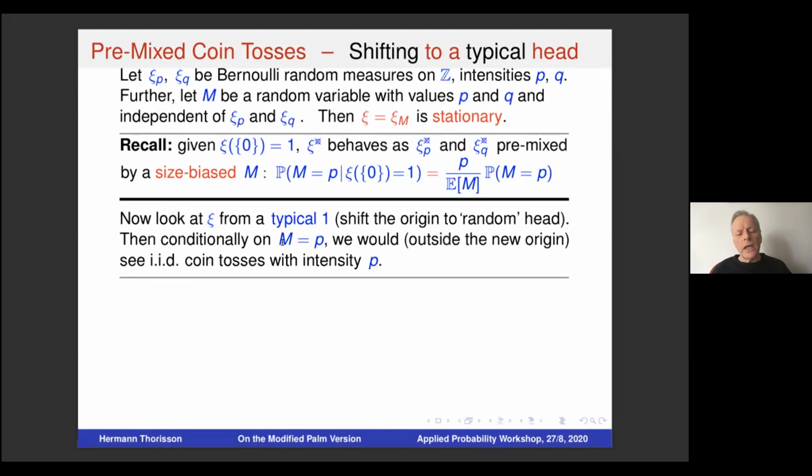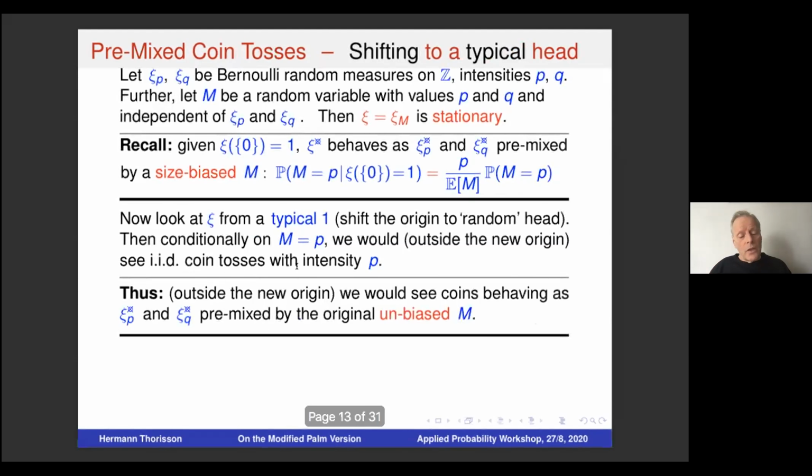Then conditionally on M being P, if we happen to have the P coin, we would see i.i.d. coin tosses with probability P, or intensity P. Thus, outside the new origin, we would see coins behaving as the two coin tosses pre-mixed by the original unbiased M.